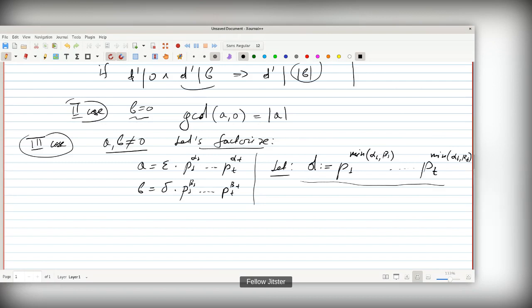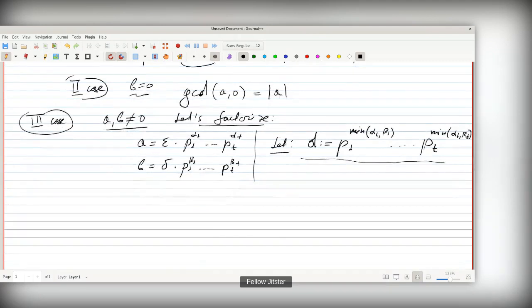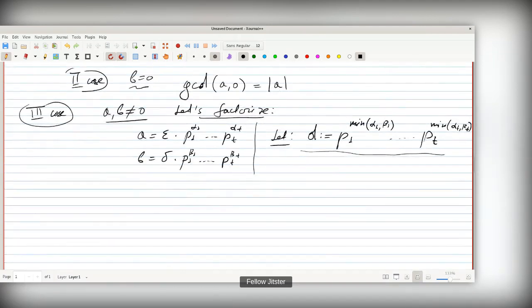Okay. So far, we have constructed this number, and now we need to check two things. D is indeed the common divisor, so it is common, and it is greatest. Why is it common?